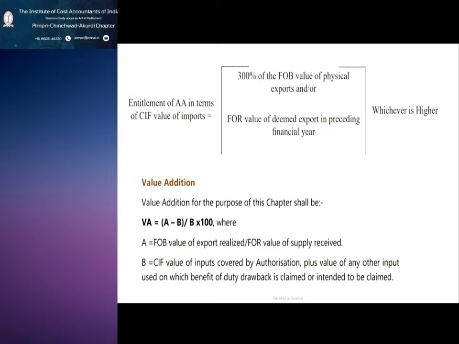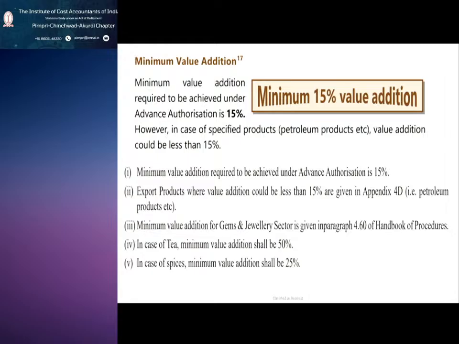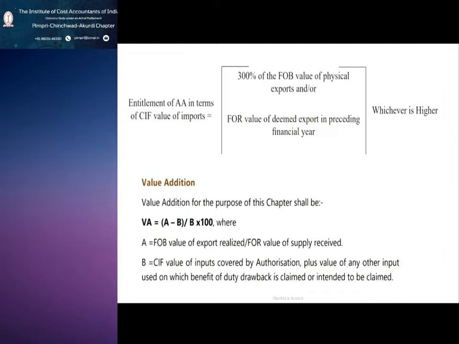So this formula is to calculate whether we achieved the percentage, whether we achieved 15%. So that's why A minus B. What is our export value? What is our CIF value? That is when you imported the inputs, divided by CIF value into 100, which gives you the percentage of value addition.